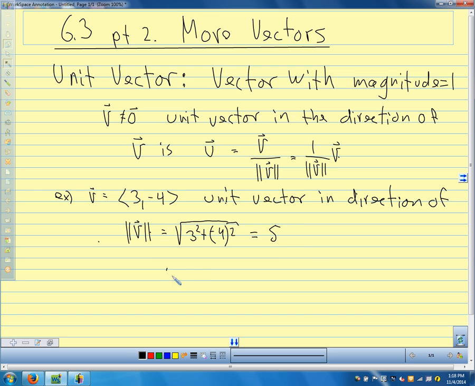So our unit vector is 1/5 times 3, negative 4. And I could also write that as 3/5, negative 4/5. And that's my unit vector.